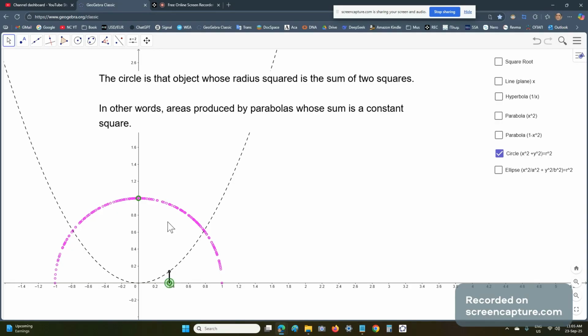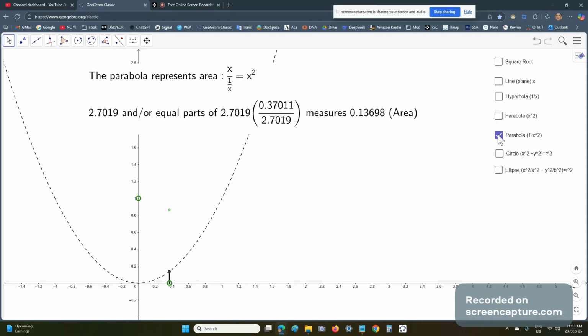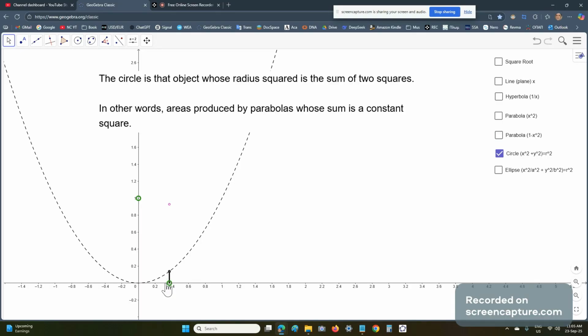Then you may wonder, how do we get that part of the parabola? Because I showed you this 1 minus x squared, and the circle here, this part of the circle, is in fact the square root of 1 minus x squared, okay? So how do we find the square root?